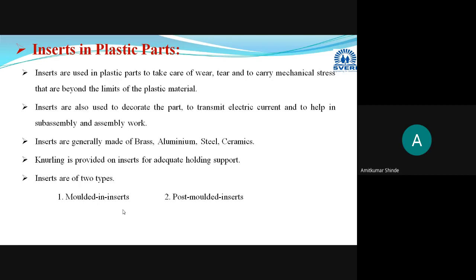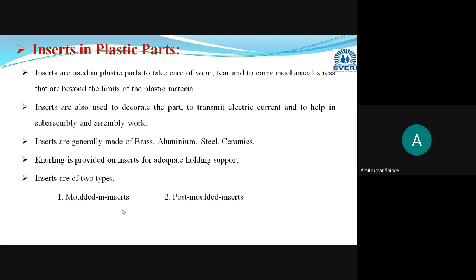What is the difference between molded-in and post-molded inserts? Before closing the mold, that insert is placed inside the mold; that is a molded-in insert. After closing the mold, we attach or place the insert; that is termed a post-molded insert.